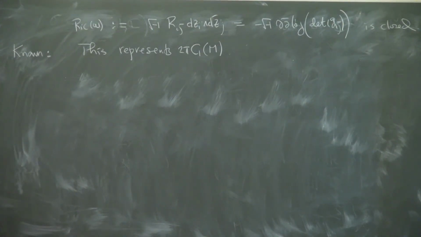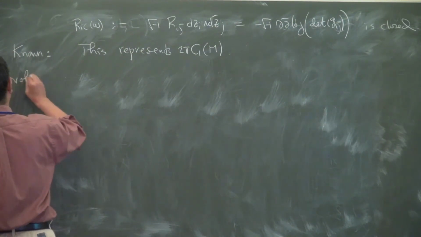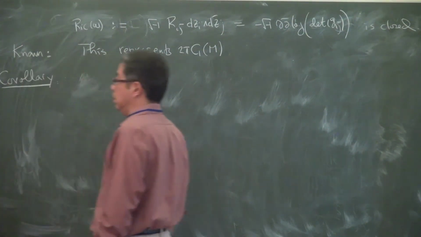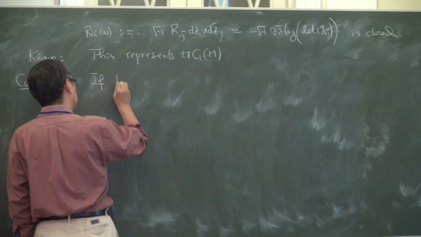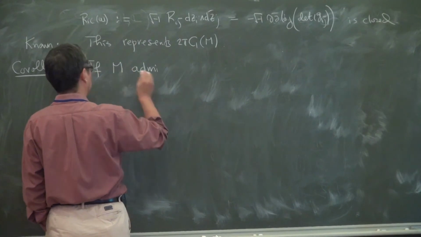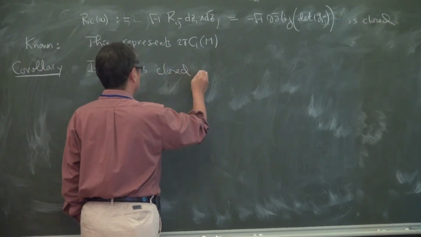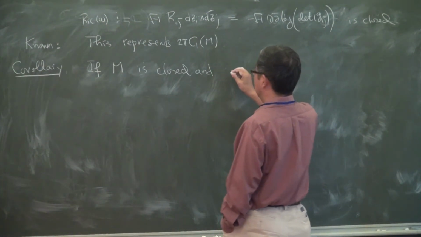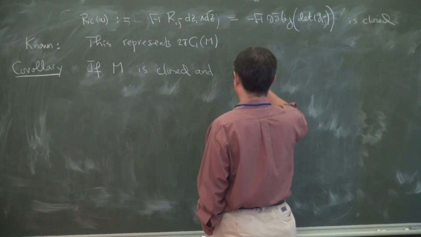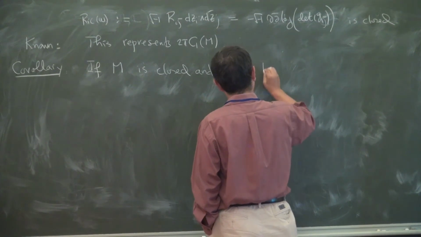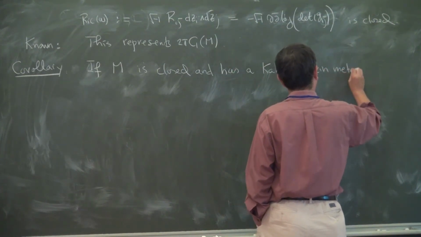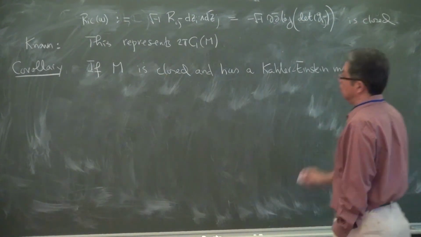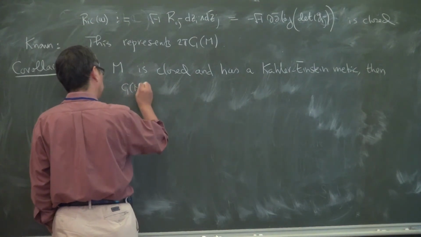Okay, so this condition implies the corollary: if M admits a Kähler-Einstein metric, so if it's closed, let's say, for simplicity I only consider the closed case, and has a Kähler-Einstein metric, then this first Chern class is definite.